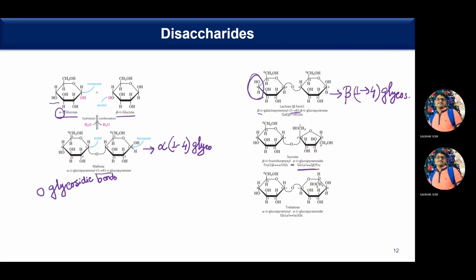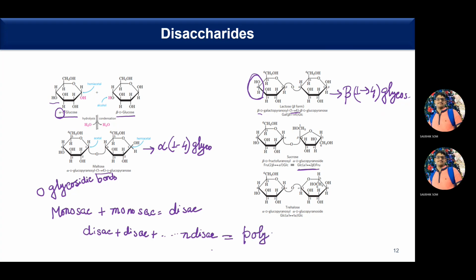So monosaccharides: monosac plus monosac is equal to disac, and disac plus disac plus n number of disac will form a polysaccharide.